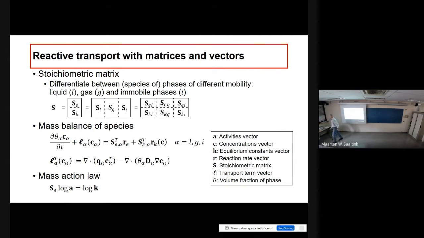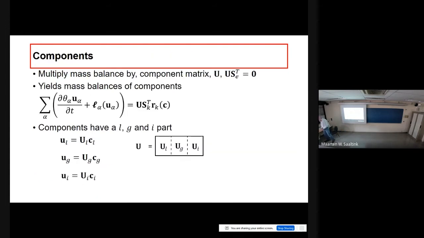So what we usually do is I want to get rid of this term, and so I multiply by what is a component matrix, and I define this component matrix in such a way that U times S_E transpose is 0. Which means that this matrix U is perpendicular, orthogonal, to the kernel of this stoichiometric matrix of only the equilibrium reactions.